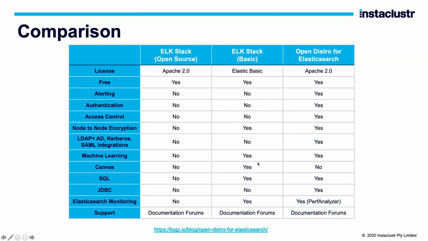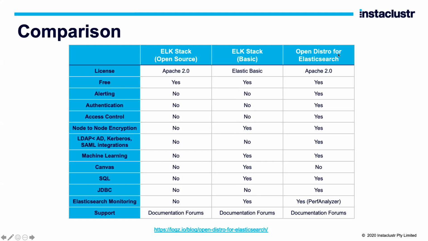Machine learning, I don't think it's available on the basic one as well. And even SQL, I guess SQL is available as part of the basic one. But let's suppose you wanted to get those features in this distribution, you may have to get a subscription, a separate license for that.